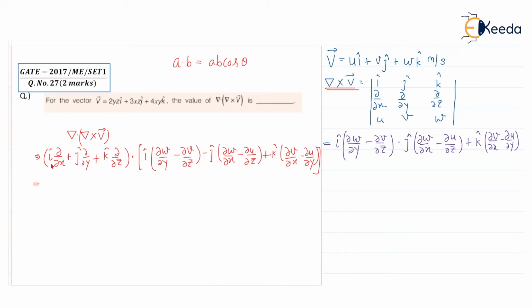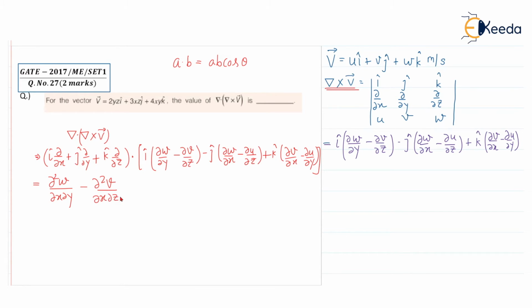First multiply the i into i term, so we get dou square w by dou x dou y, first term, and then i into the whole bracket term multiplied by dou x, minus dou square v by dou x dou z.